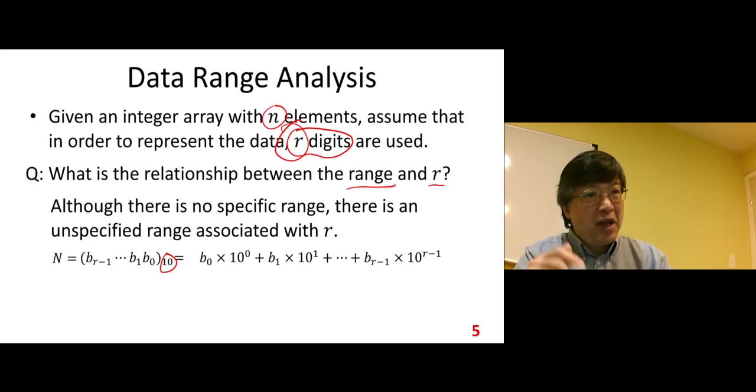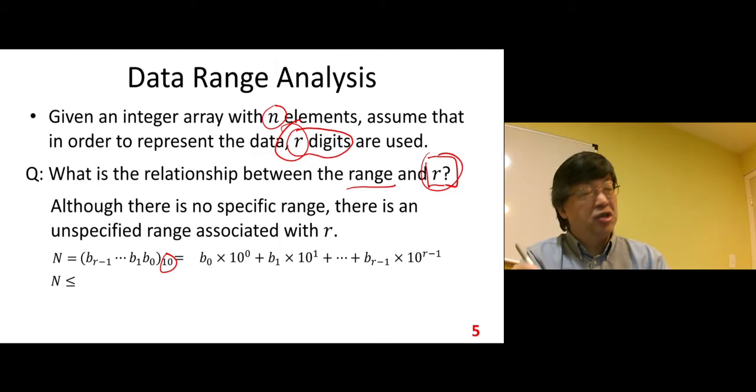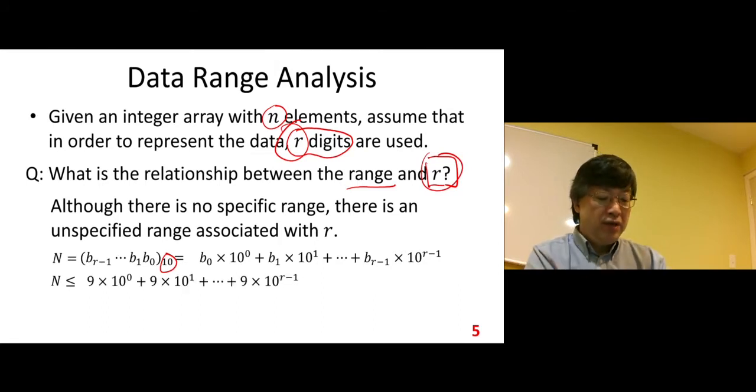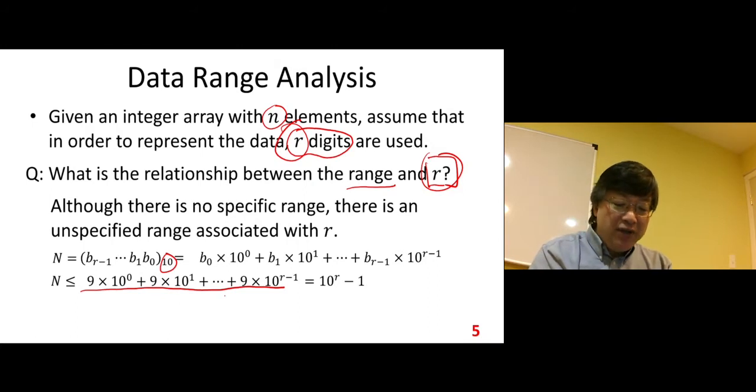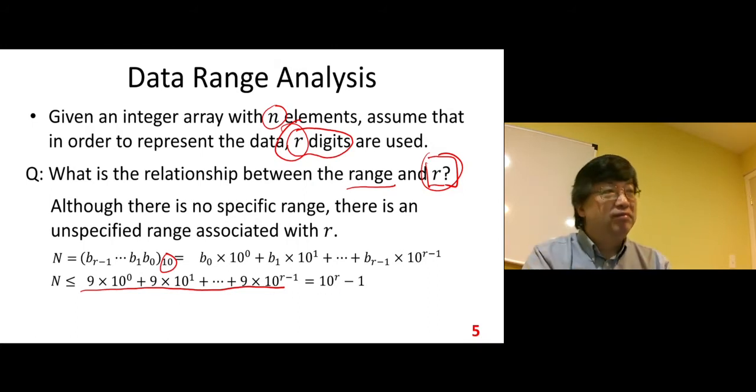Then let's estimate the range, the maximum number that can be represented using R digits. So this n number using R digits, what is the largest possible number? This is the largest possible number. Then we can simplify this one again. Can you see why this number equals that?